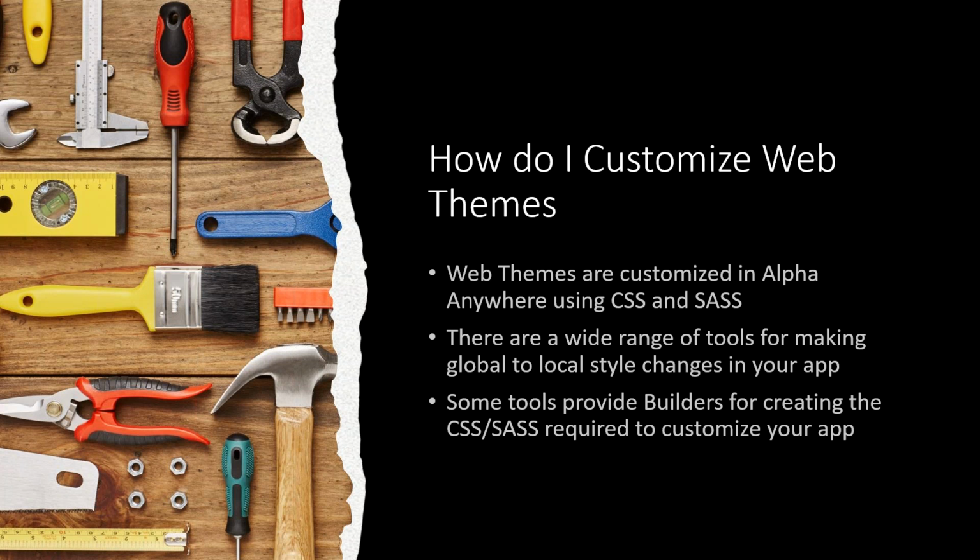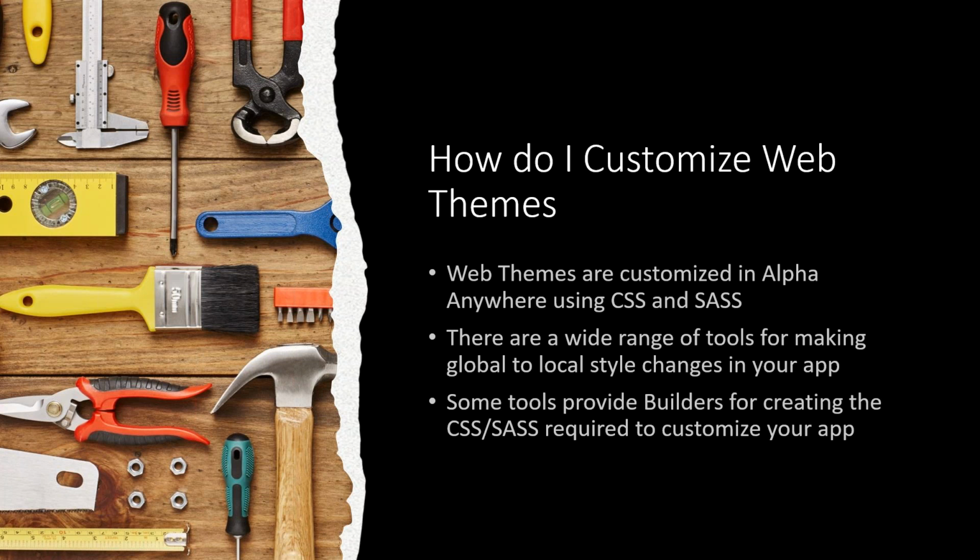In terms of customizing those web themes, there are a variety of ways you can do it. They are edited using CSS and SASS, and the themes themselves are implemented with SASS predominantly.